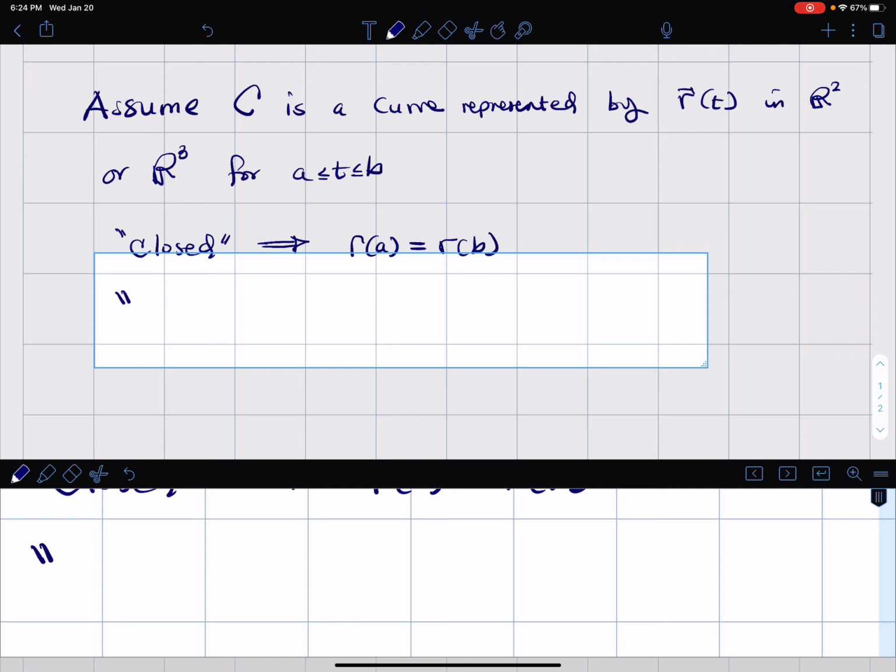Another thing we need to think of is what it means to be simple. I think it's easier to explain what not simple means.